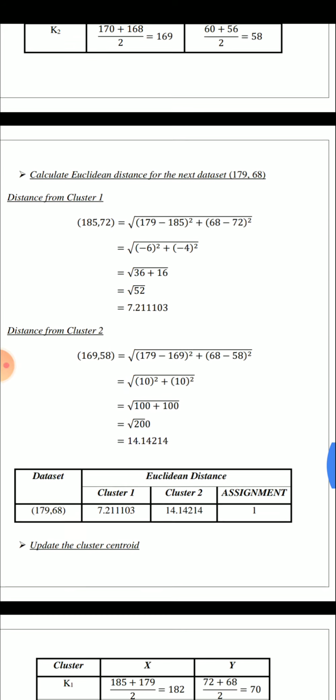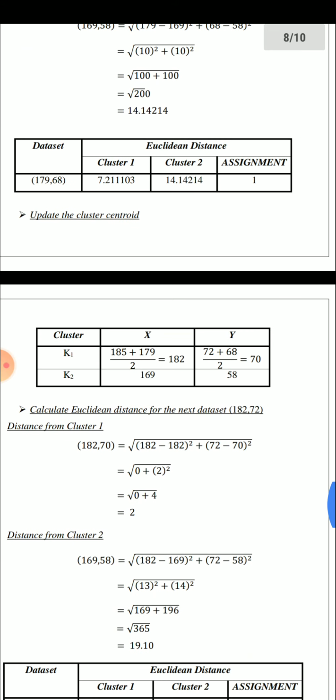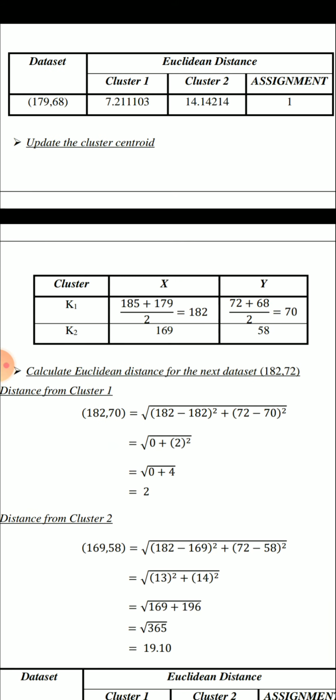Then again update the cluster centroid. It can be calculated as k1 x is 185 plus 179 by 2, that is 182, and k2 is 169. For k1, y is 72 plus 68 by 2, which is equal to 70. Then k2 is 58. Then calculate Euclidean distance for the next data point 182, 72. The distance from cluster 1, 182, 70, is equal to root of (182 minus 182) the whole square plus (72 minus 70) the whole square, that is equal to 2.